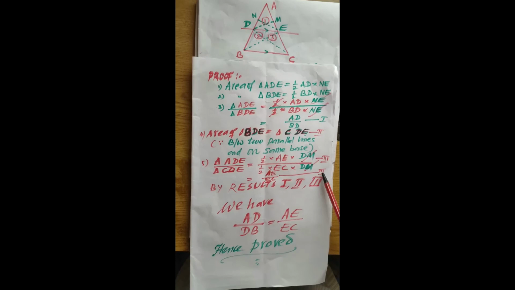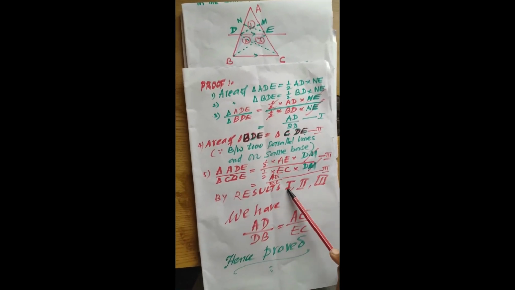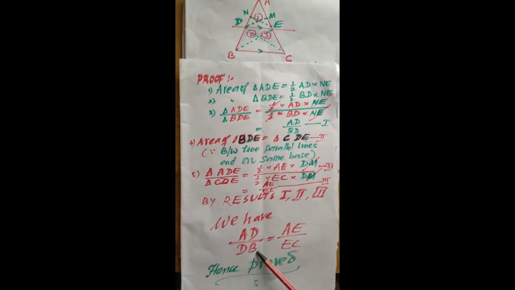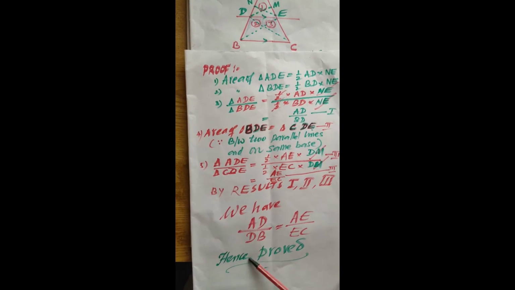By results 1, 2 and 3, 1 is here, 2 is here, 3 is here, we have AD by DB equal to AE by EC. This was the RTP, hence proved.